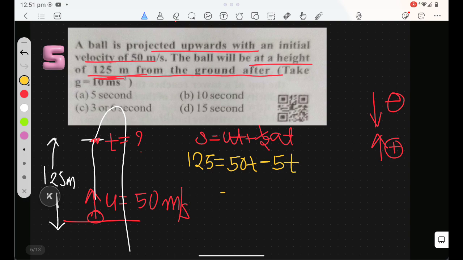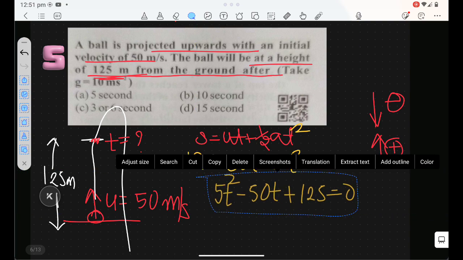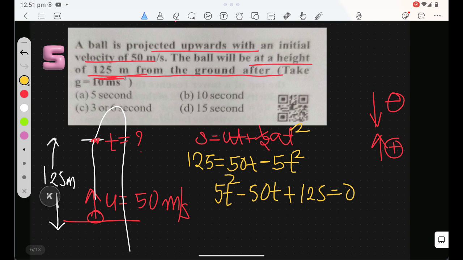Solving this quadratic equation, 125 is equal to 50t minus 5t square, so 5t square minus 50t plus 125 is going to be 0. We will solve this quadratic equation using the factorization method, middle term splitting.